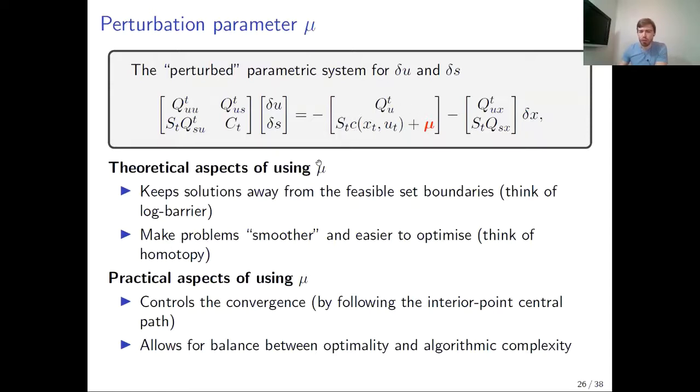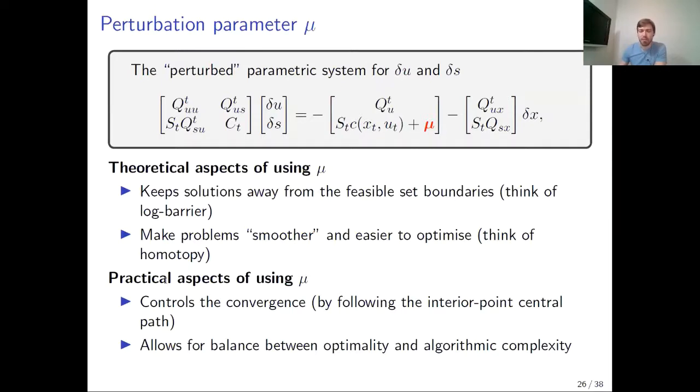The theoretical aspect of using this perturbation is to keep the solution away from feasible set boundaries. One can think of log barrier, which is an equivalent problem. It allows to make the problem smoother and easier to optimize. You can think about it as being a homotopy method.